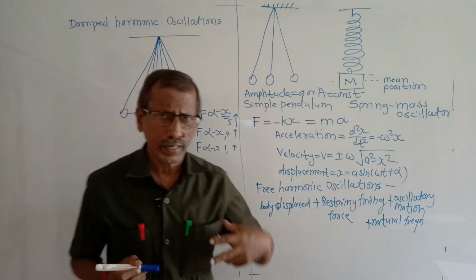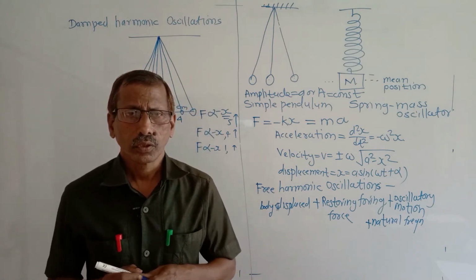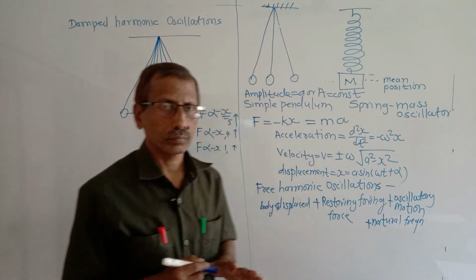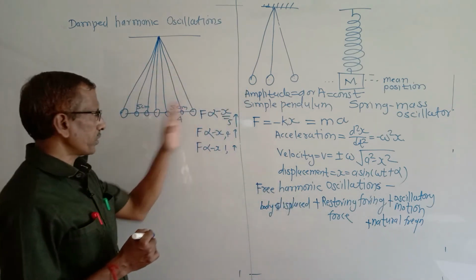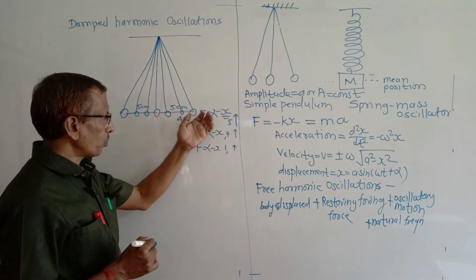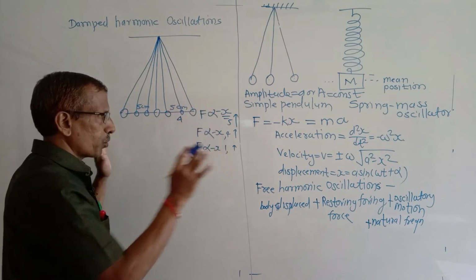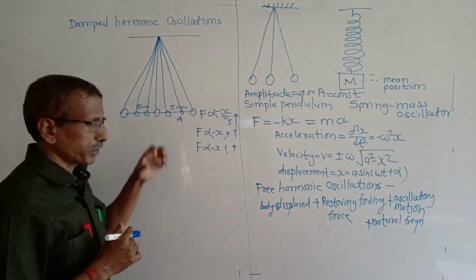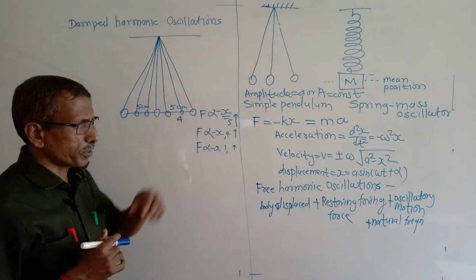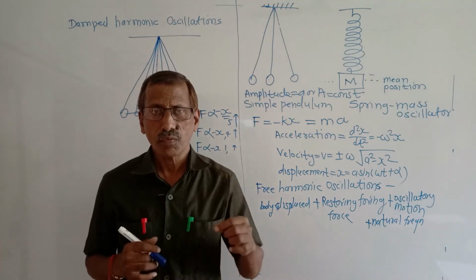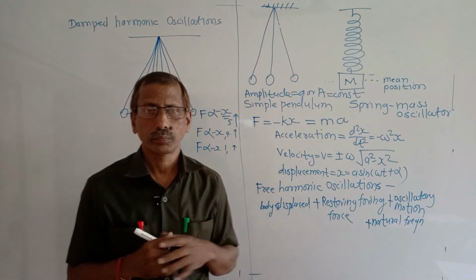So it indicates that there must be an additional force acting on the body. When the body is in motion and the amplitude goes on decreasing, we don't apply any external force by an external agency, so the decrease indicates that there must be an opposing force acting on that body.